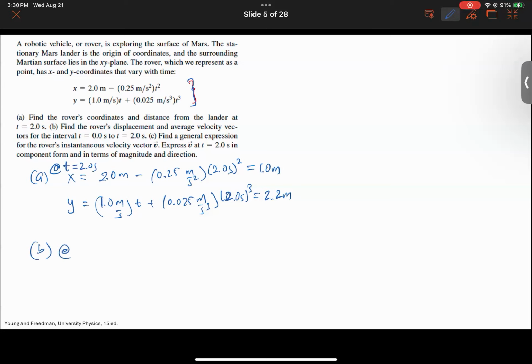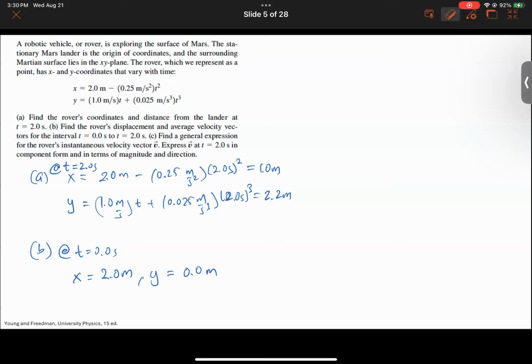So at t equals 0 seconds, ang position niya ay 2 meters in x. Okay, kasi magiging 0 lang yan, di ba? And then ito magiging 0, ito magiging 0. So yung y position niya is 0.0 meters at 0 seconds.